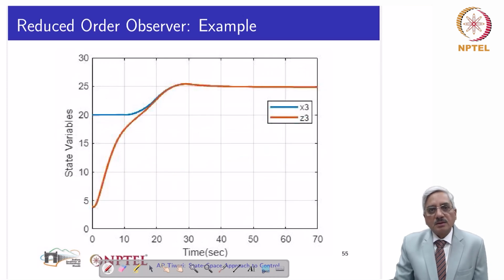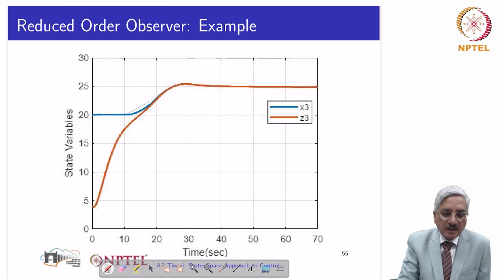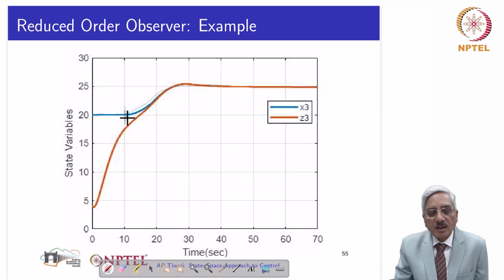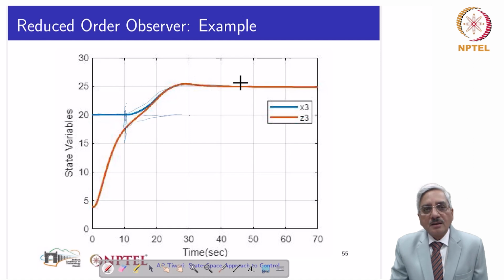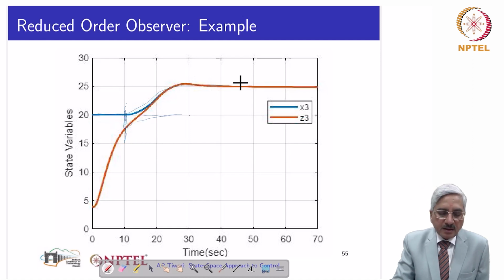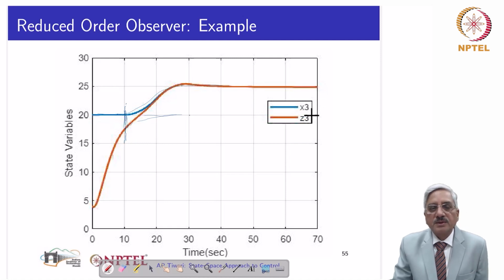Same happens to the third state. This is how X3 varies because of that input variation that started at 10. And Z3 was already undergoing the transient so as to become asymptotic to this 20. But input appeared here and X3 started rising, so Z3 also started rising in its attempt to track X3, because the error has to be 0 after some time by design.